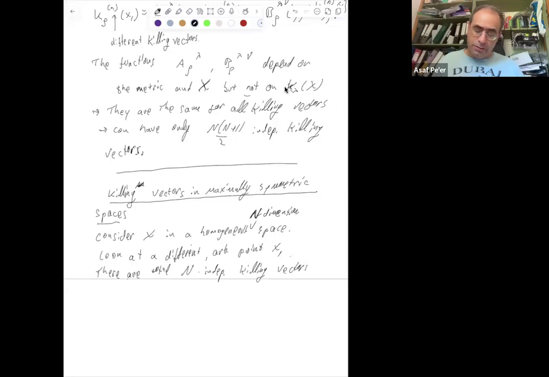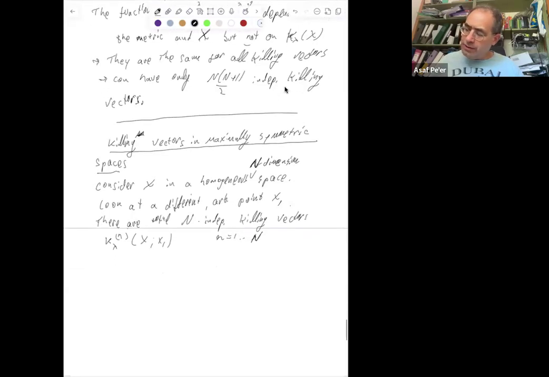So I can mark them as k lambda of n, at x and x1, where the small n is just a sum index, because I have a total of capital N Killing vectors.